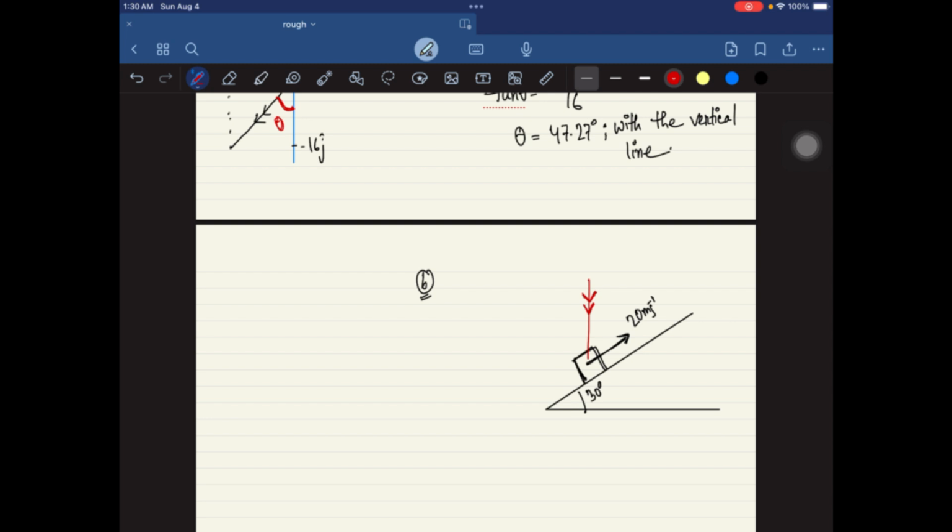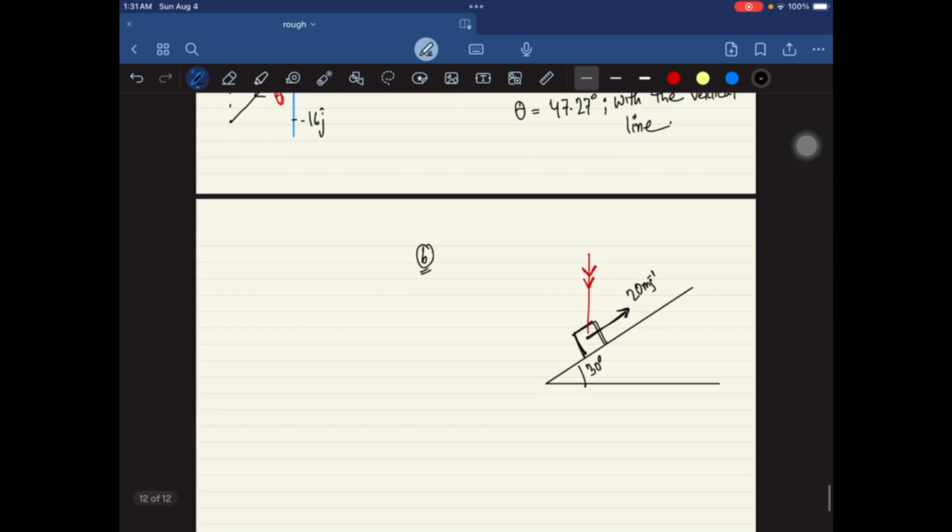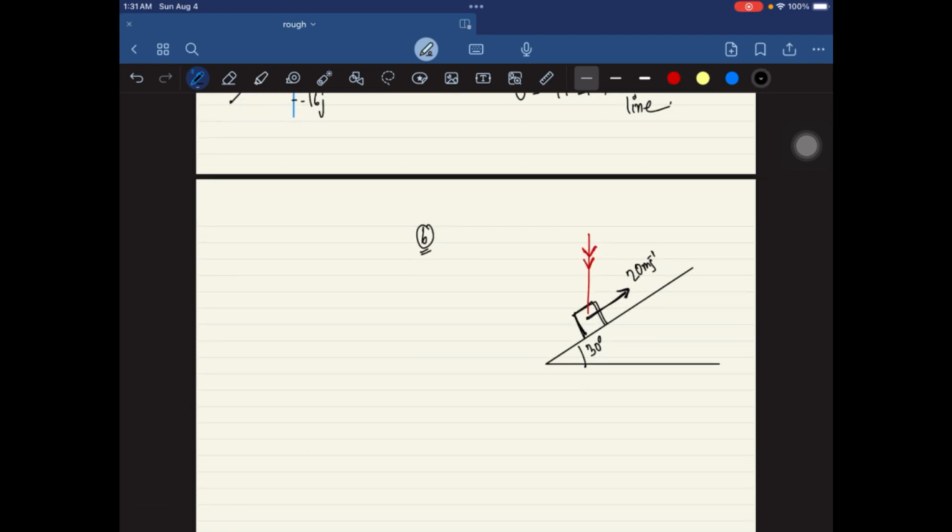So I will say the resultant velocity vector after. We need to figure out from which direction the wind will blow. When the rain almost stops, there is almost a horizontal wind blow. So in this case the wind will blow in a horizontal direction, in this direction or in this direction.